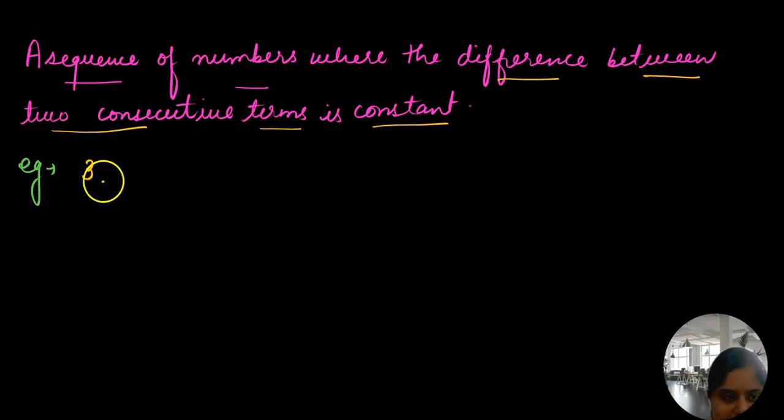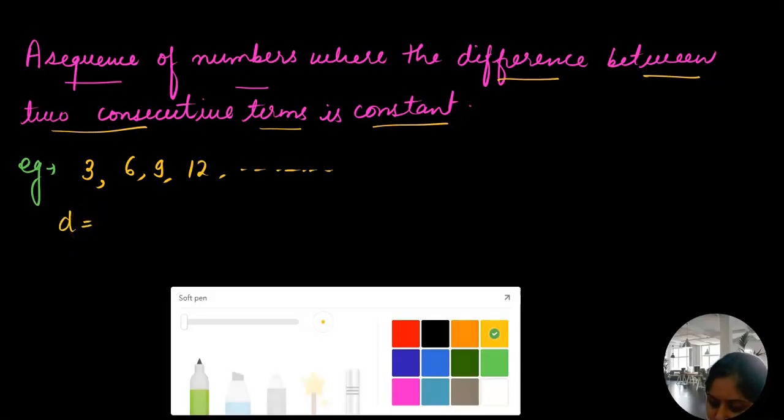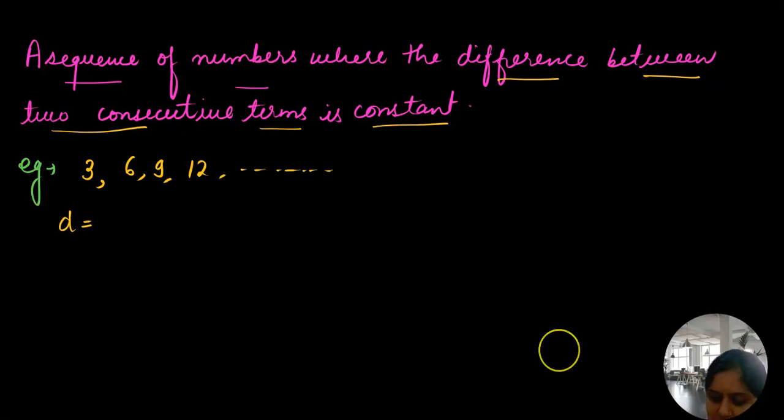Now I'm taking one more example: 3, 6, 9 and 12 and so on. Now you can tell me what is the difference between these terms. So let's check the common difference. The first term we denote A1, second term A2, third term A3, fourth term A4.